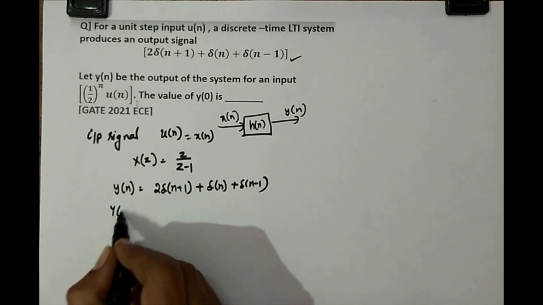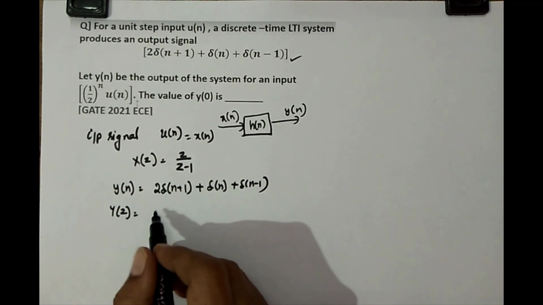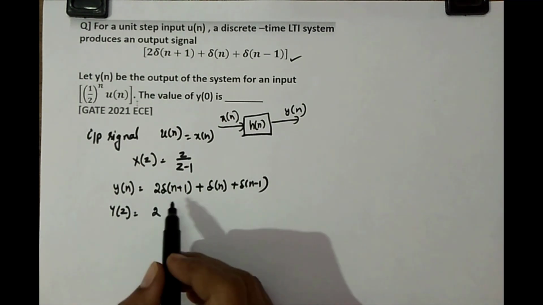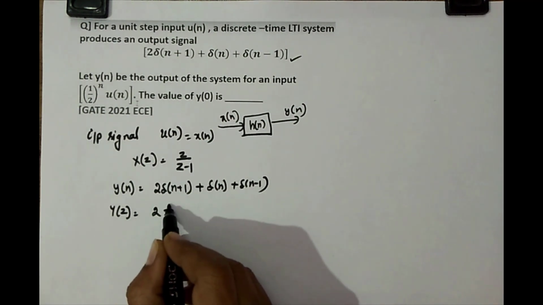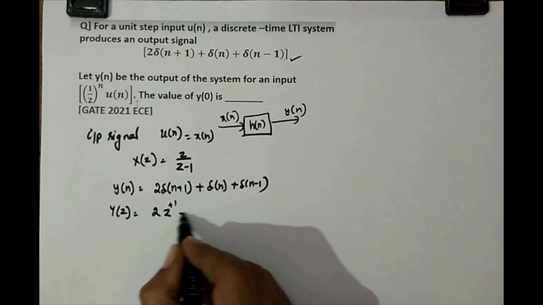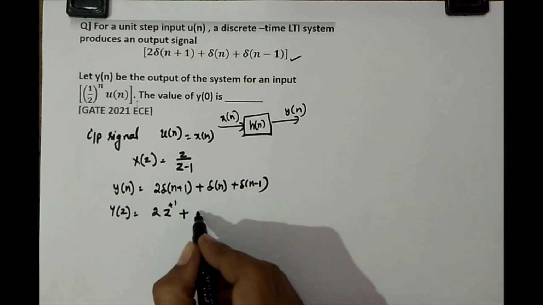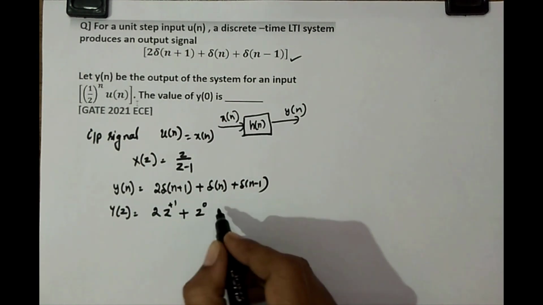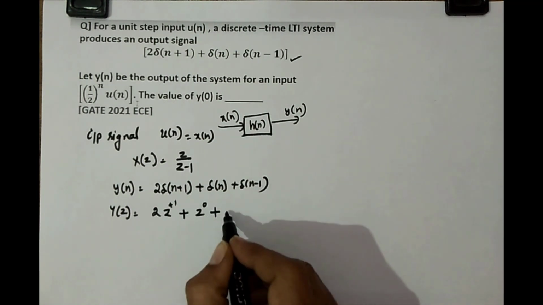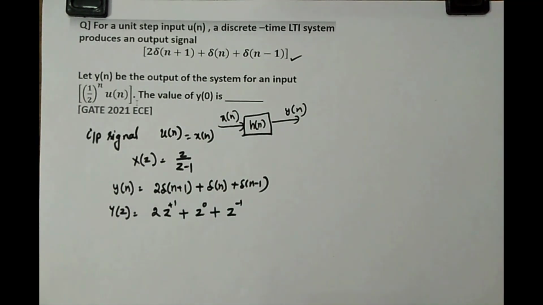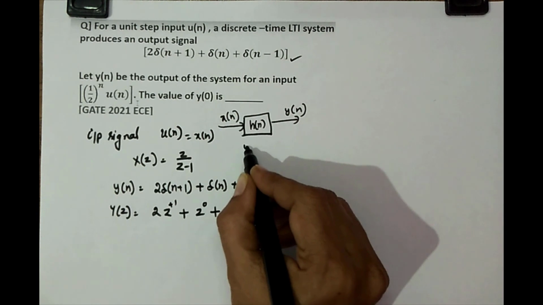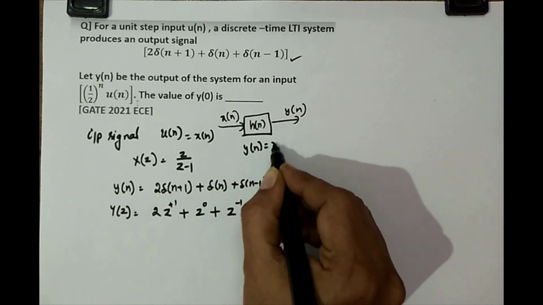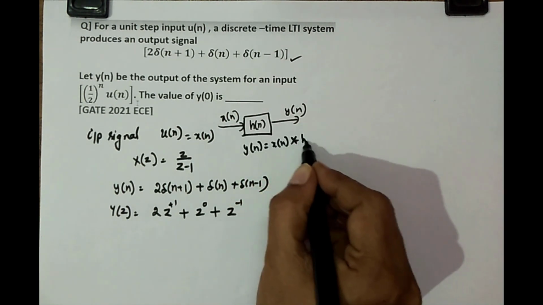So again, if you apply the Z transform, you will get y of z is equal to 2 into the Z transform of delta of n plus 1, which is z power plus 1, plus z power 0, plus z power minus 1. Okay. Then we know for the LTI system, y of n is equal to x of n convolved with h of n. Okay.